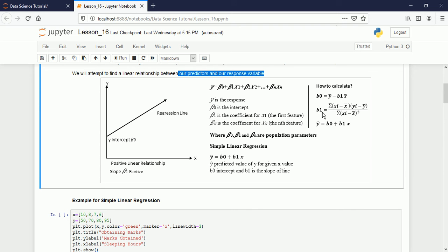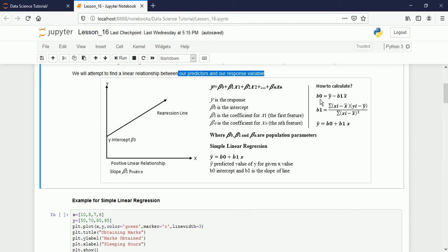For b1, we take the summation of xi minus the mean of x, multiply it with yi minus the mean of y, and all that is added in the numerator. In the denominator we have the summation of xi minus the mean of x, whole squared. That gives us b1.